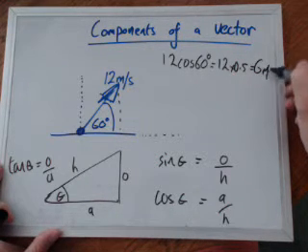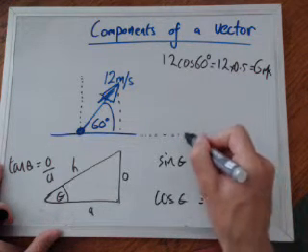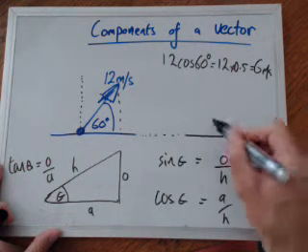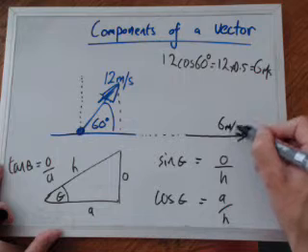So one vector is 6 meters per second going horizontally. We can draw one there, going at 6 meters per second.